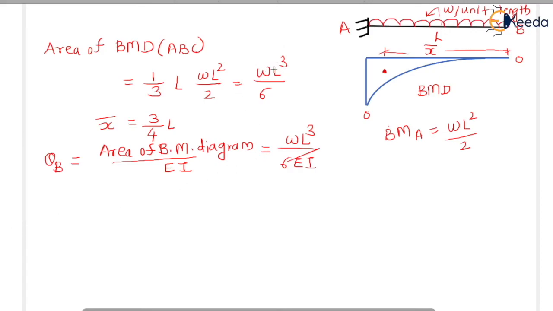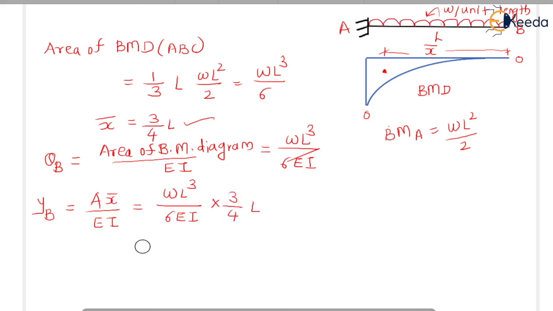Then deflection YB is equal to A into X bar divided by EI. A is the area WL cube by 6 EI, into X bar, which for a parabolic shape is 3 by 4 of L. So we get the answer WL power 4 by 8 EI.